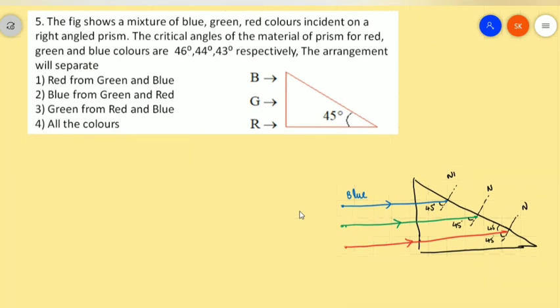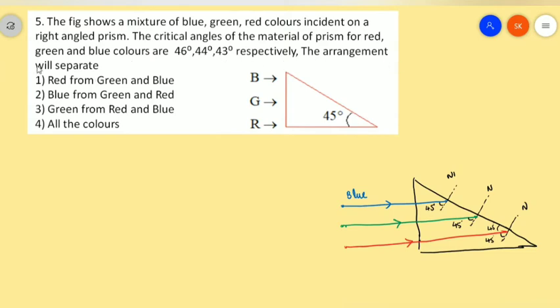They gave the figure. In this, you see the figure. What is the question? Fifth question. The figure shows a mixture of blue, green, red colors incident on the right-angled prism. The critical angles of the material of the prism for the red, green, blue colors are 46, 44, 43 respectively.